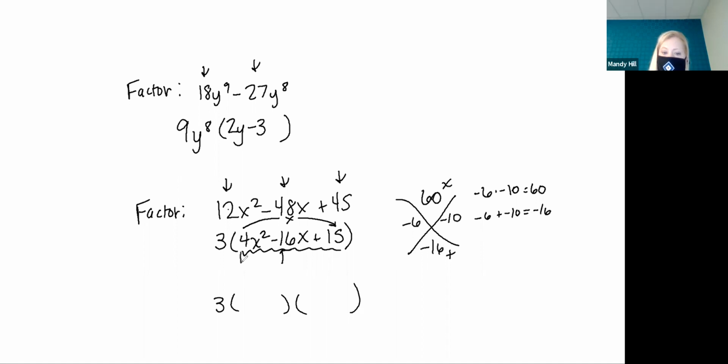Because we have this number in the front, I'm not done. I have to divide by 4 and reduce those fractions. Negative 6 over 4, well, that's going to be the same as negative 3/2 because I can divide the top and the bottom by 2. Same thing for negative 10 over 4. 2 will go into both of those, so I would get negative 5 over 2.